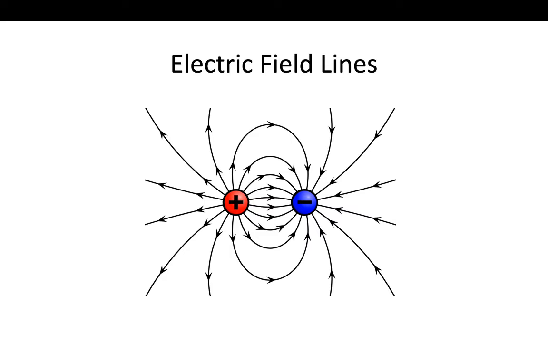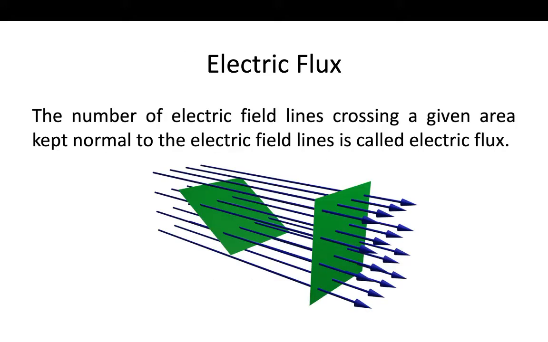The electric field lines will never overlap, and they keep a certain distance between them. So these were some of the common properties. The reason for telling this is that the next topic we are going to study is very much related to electric field lines. That topic is electric flux.